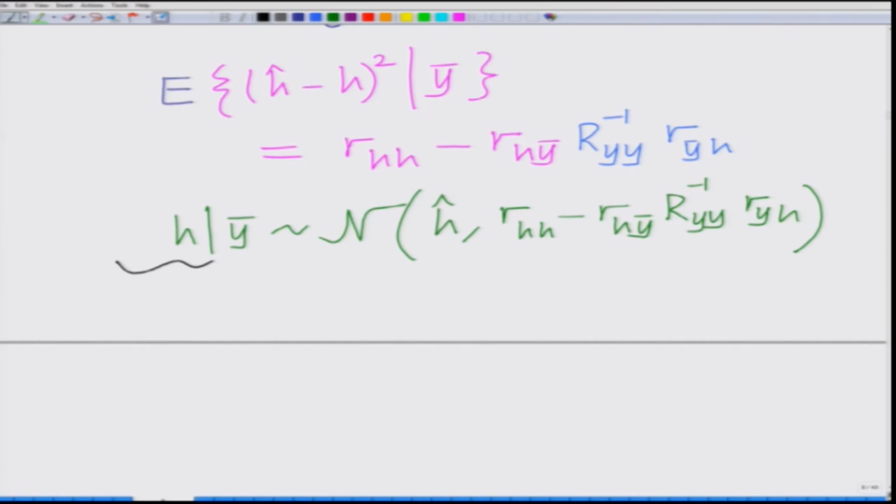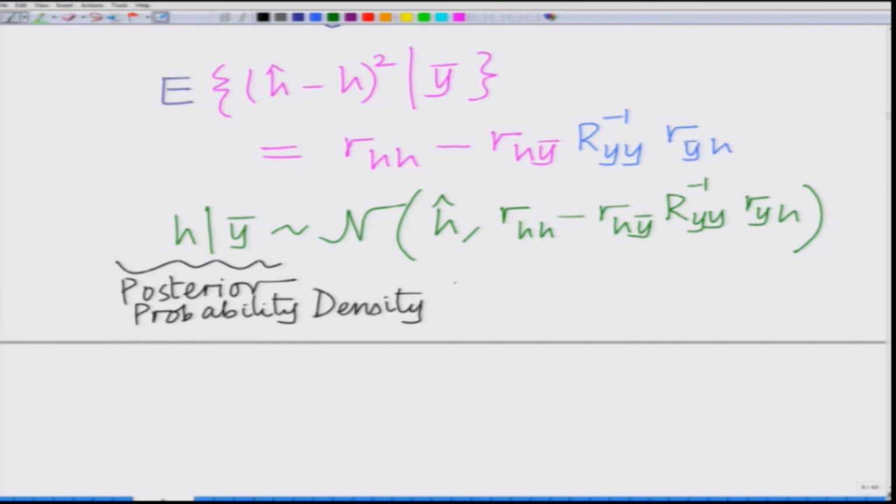Okay. We have the prior, and this is also known as the posterior probability density. The mean of the posterior probability density is h hat, and this is the variance. Okay.